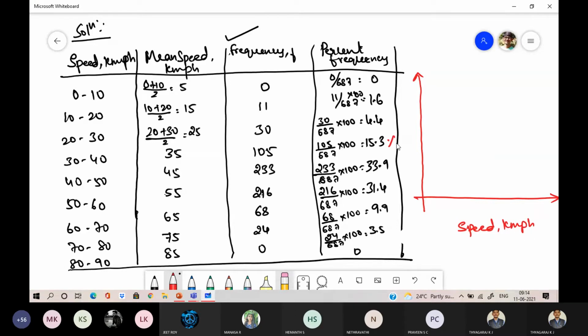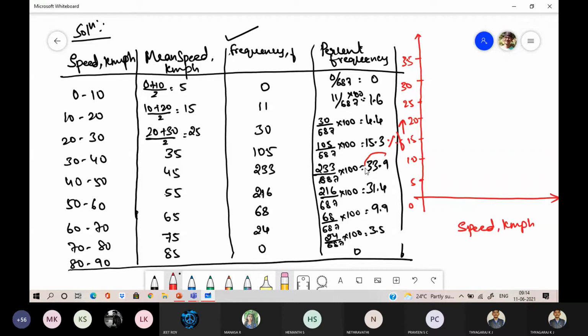The y-axis will be the percentage F: 0, 5, 10, 15, 20, 25, 30, 35.